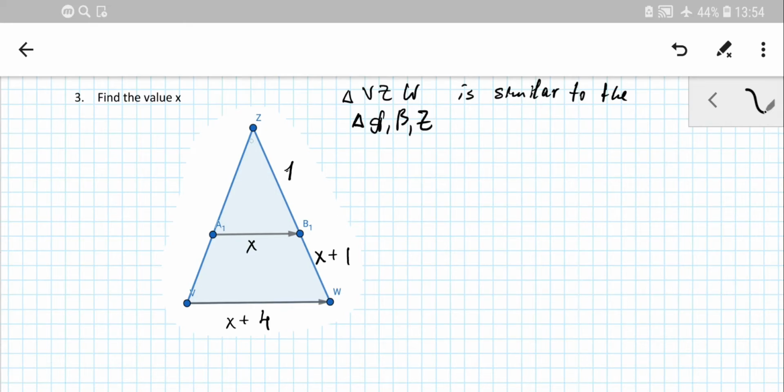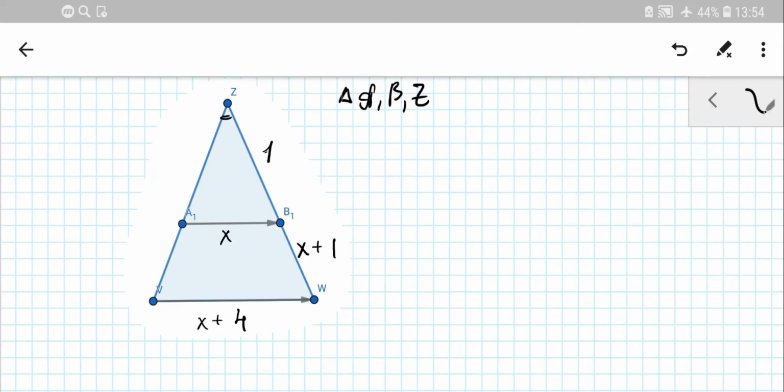Why? Because we have Z as the common angle. Next, A1 and V are also the same because two parallel lines and a second line make two identical angles, and also B1 and W for the same reasons.